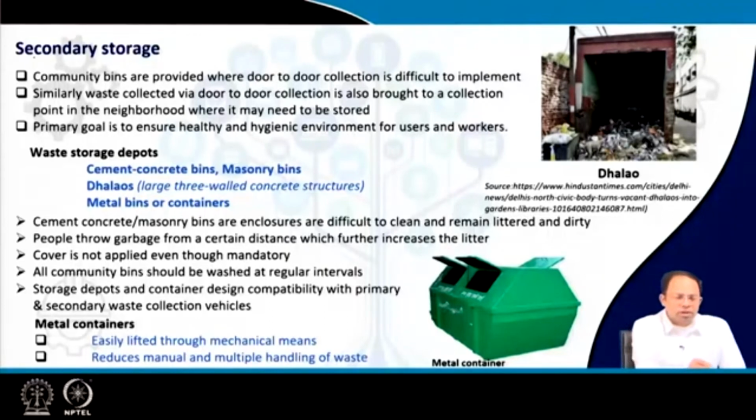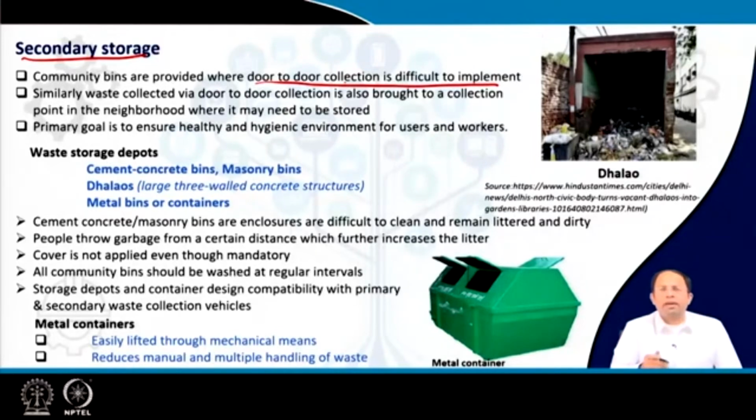So this is one kind of storage, and the other is in some areas where there is no door-to-door collection system, where we usually collect waste through community bins. So community bins are provided where door-to-door collection is difficult, and every day people walk a certain distance from their house, maybe 100 to 250 meters, 100 to 150 meters, and then throw their garbage in the community bin.